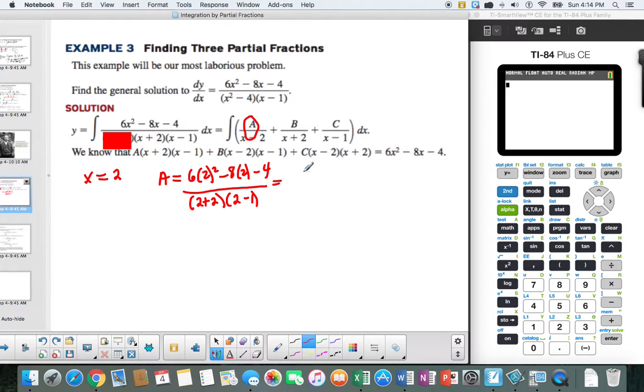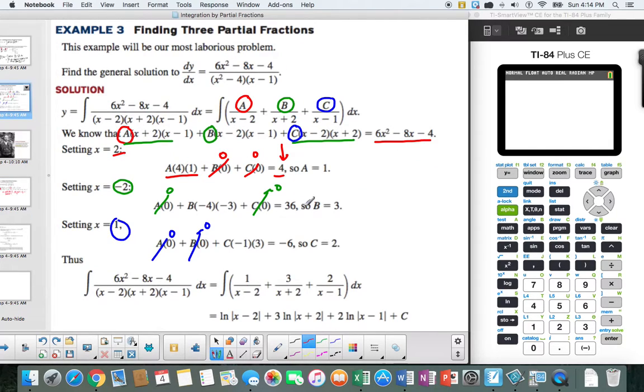And so this will be 24, take away 16, minus 4, all over 4, and this answer will be 4 over 4, and so A is equal to 1. So we have this expression equal to 1. Now, is that the expression we got before? Yes, you can see A is equal to 1.